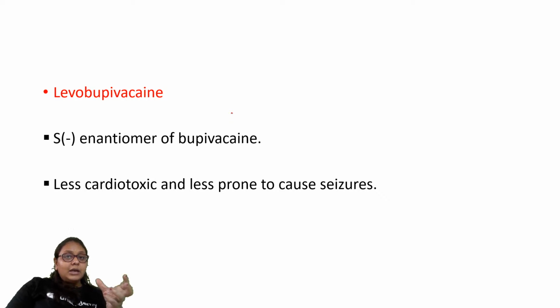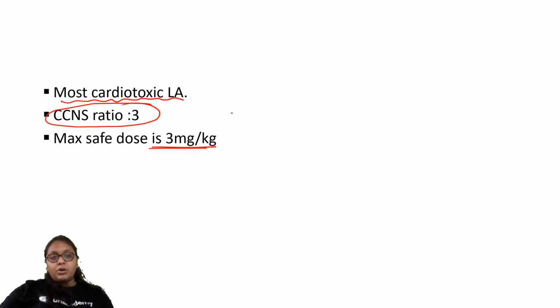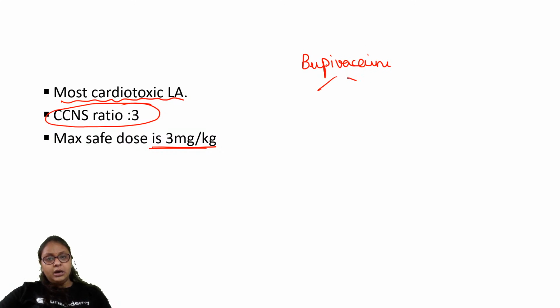I told you that bupivacaine is cardiotoxic in nature. Why? Because bupivacaine has two forms. It's a racemic mixture of R and S form.